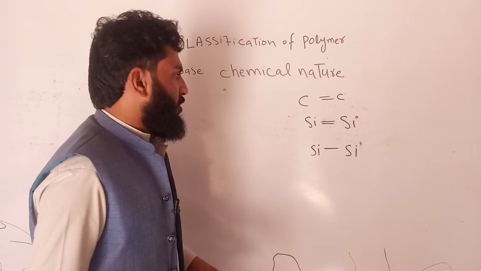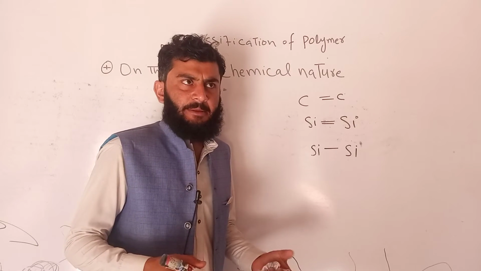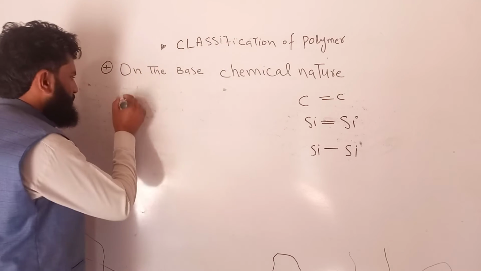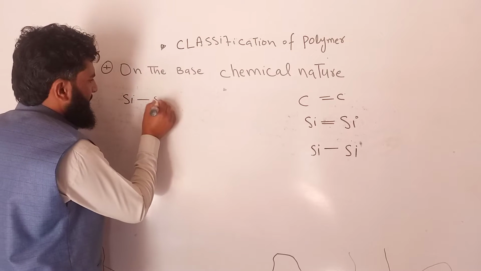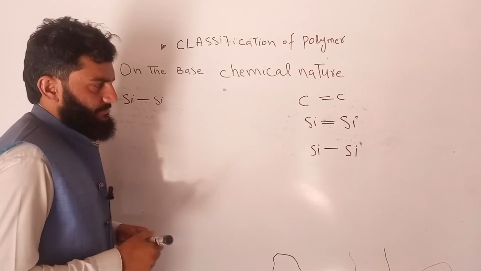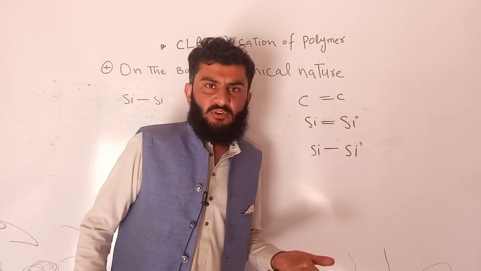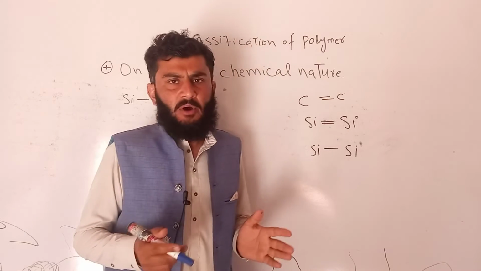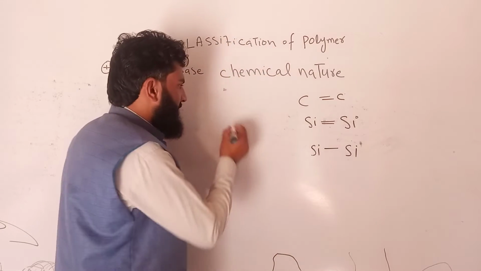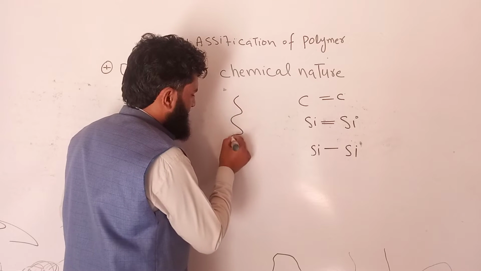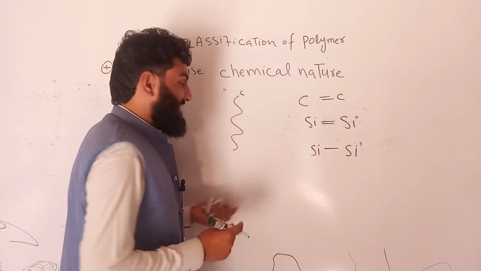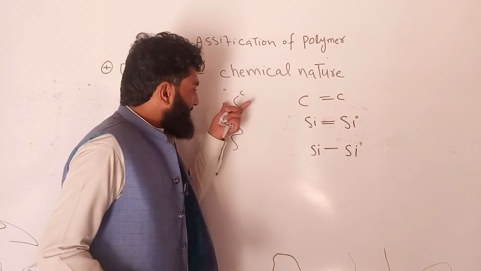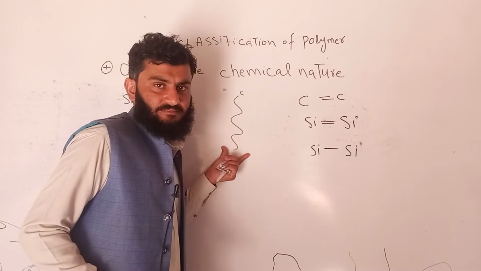For example, if you take silicon, we use silicon instead of carbon, or phosphorus instead of carbon. In organic polymers the backbone is made up of carbon, while in inorganic polymers the main skeleton is made of other atoms.